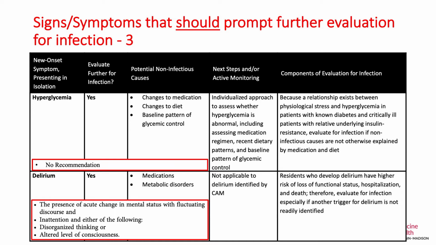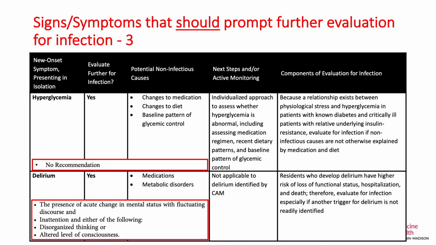But in an individual where you have a really good history of what their blood sugars are, and all of a sudden their blood sugars take off and are more uncontrolled, that can often be an initial finding that's concerning for infection. Again, all of these things come with the caveat that by themselves they don't trigger antibiotics or diagnostic testing. It just says it's very reasonable to move forward with additional evaluation and assessment for the possibility of infection.